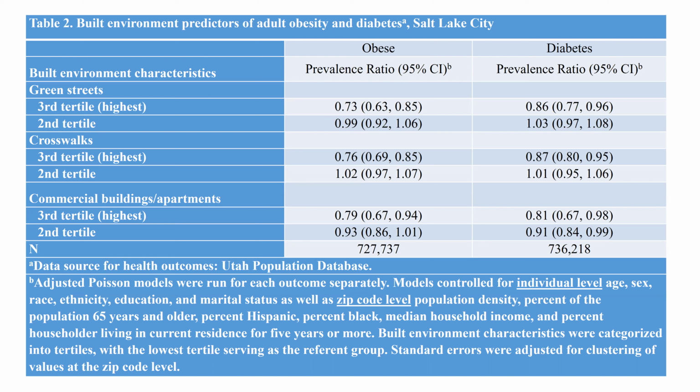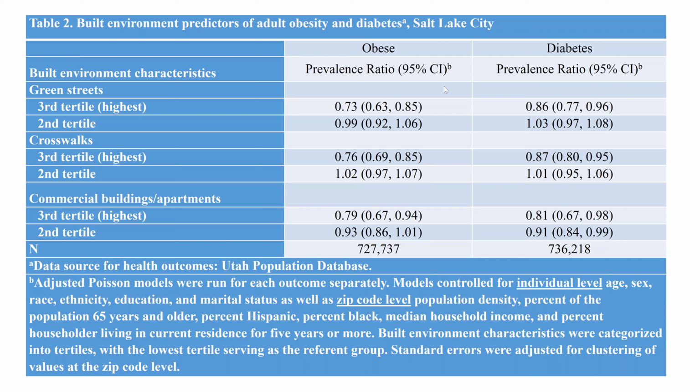As you can see, green streets, crosswalks, and not single family home, i.e. commercial buildings and apartments, were associated with lower obesity. It varied between like 27% and 21%, so it was pretty substantial.